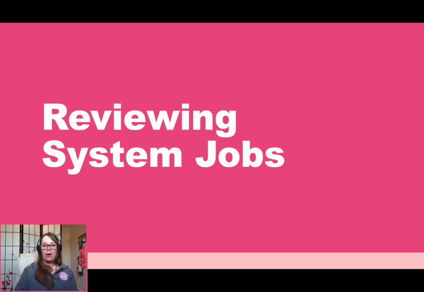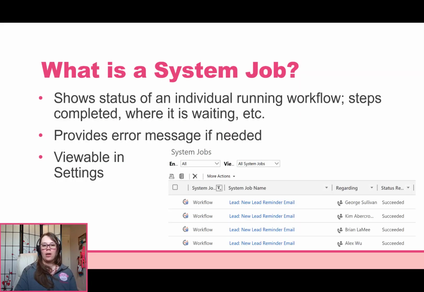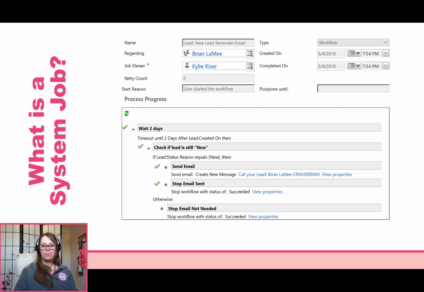So now that we've built out our whole workflow, we are going to review and see what's happening. How you review this is in your system jobs. A system job shows the status of any running workflow, steps completed, where it's waiting, all of that stuff. It would provide an error message if needed, and it's all viewable within your settings area.